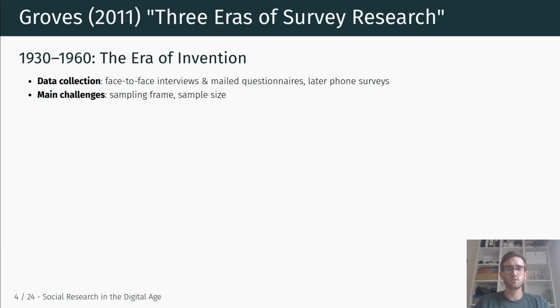A lot of these early data collection efforts were based on face-to-face interviews or mailed questionnaires, and only later, towards the end of that era, people, both researchers and private companies, started conducting phone surveys. And the author describes some of the challenges related to survey research during that time.